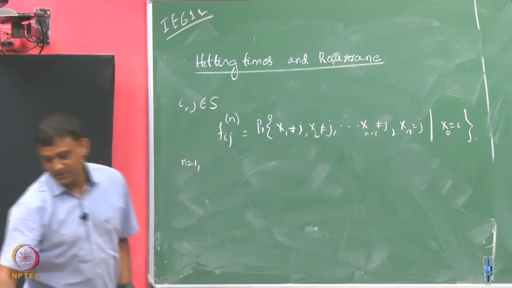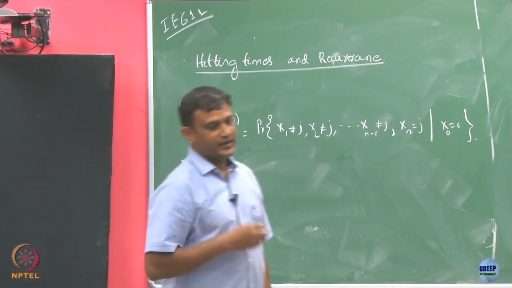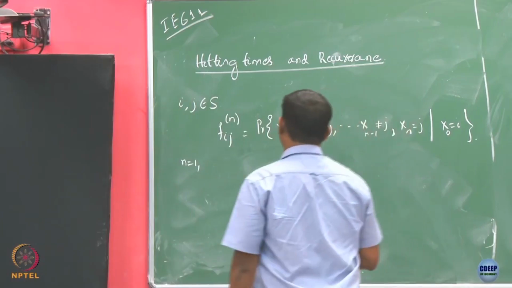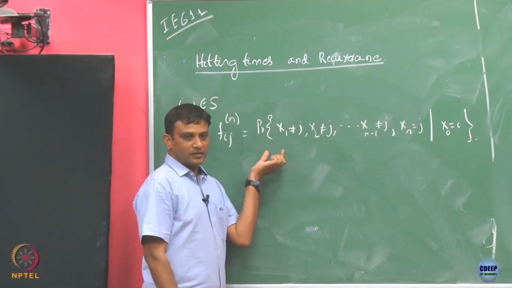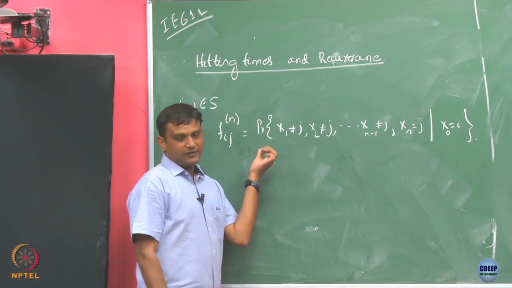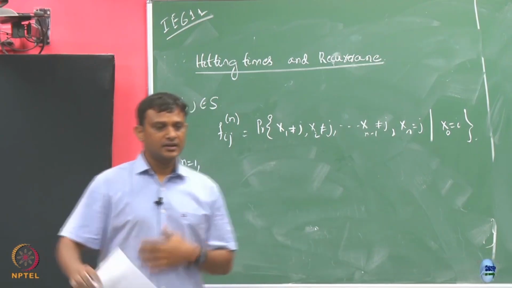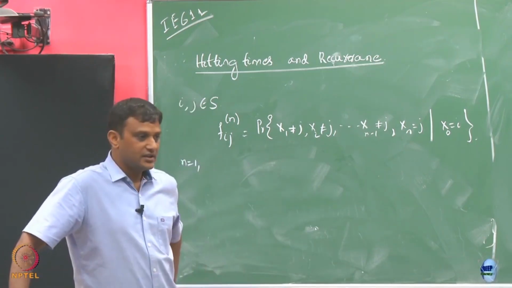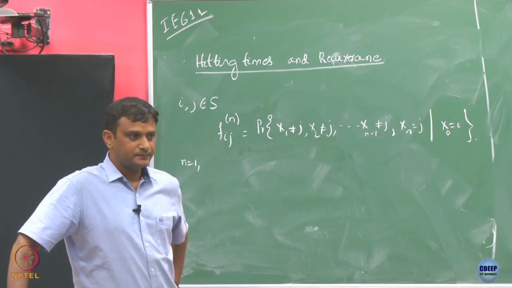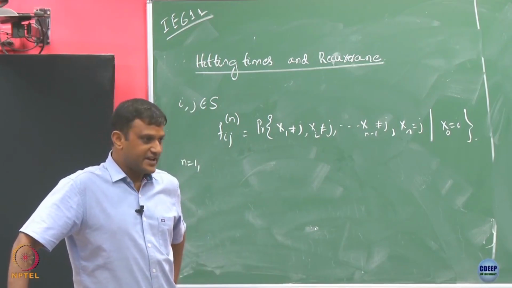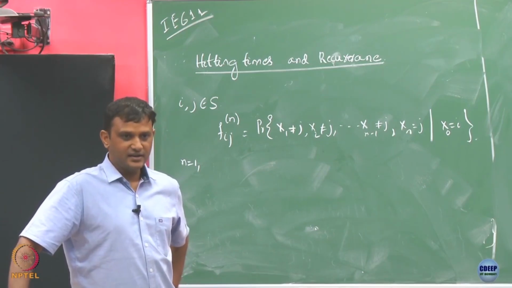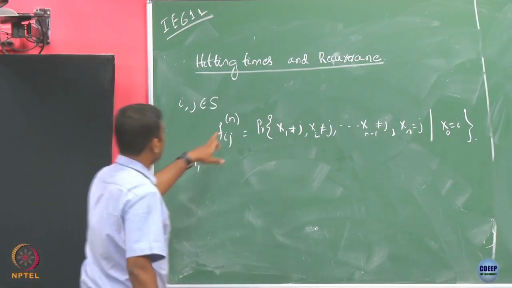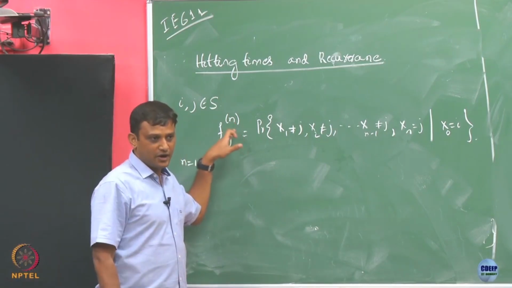So now, this is in a way, if I am interested in knowing my first visit to state j, starting from i, in n number of rounds.